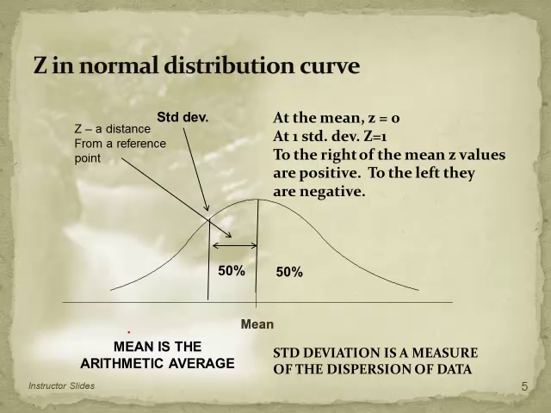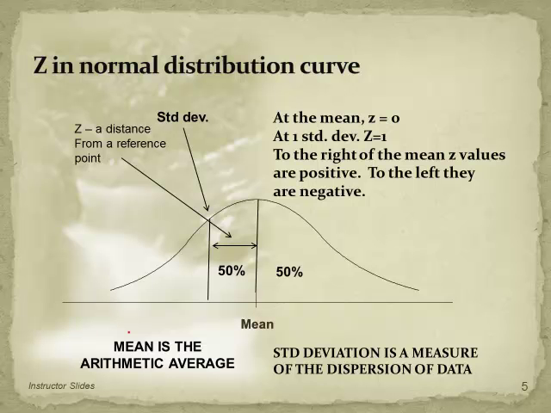So the z-value at the mean is 0, just as the latitude at the equator is 0. Now we measure z-values in terms of numbers of standard deviations. We measure latitude in degrees, but we measure the z-value in terms of the number of standard deviations.